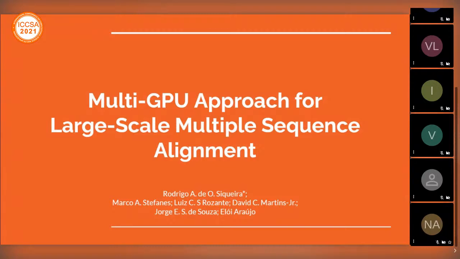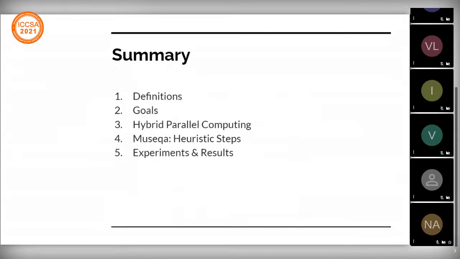This presentation will be divided into 5 topics. Definitions, goals. I will be talking about how hybrid parallel computing works a bit, and I will explain the heuristics and what we did to improve it, and then our experiments, results, and final conclusions.